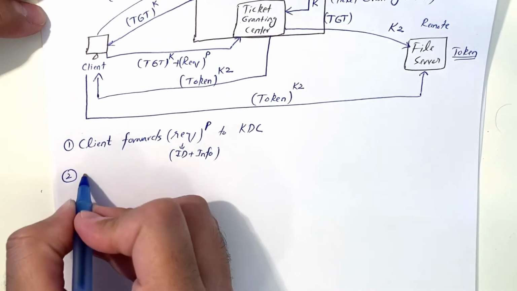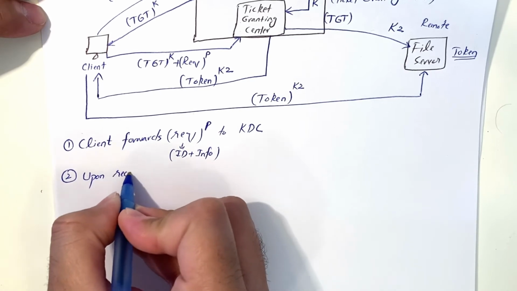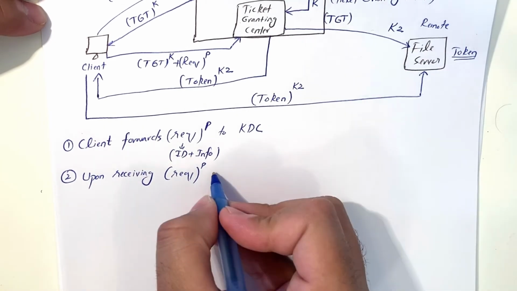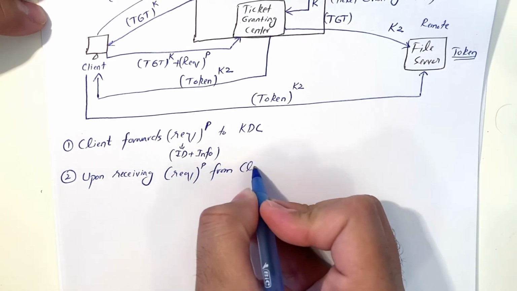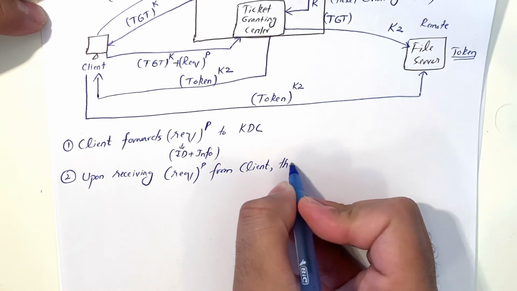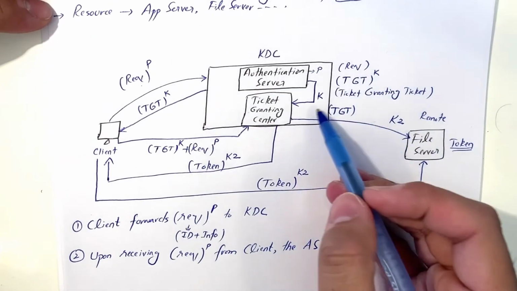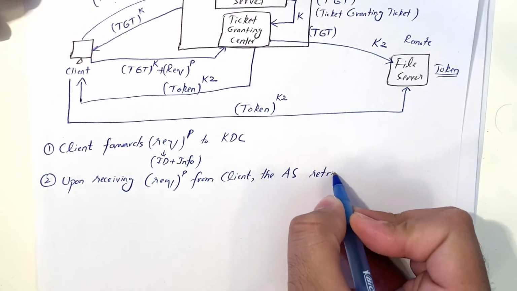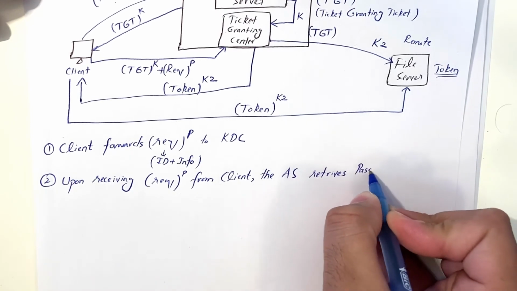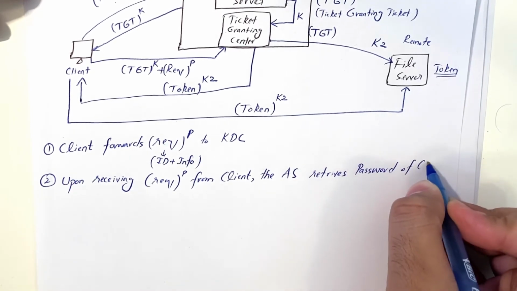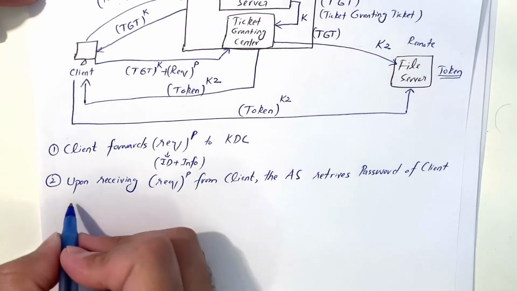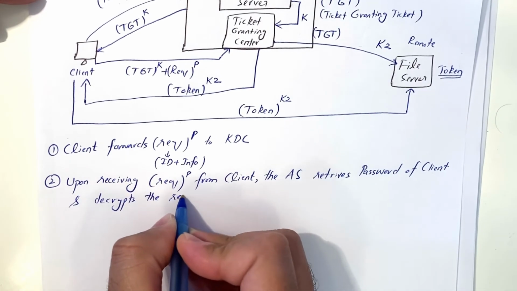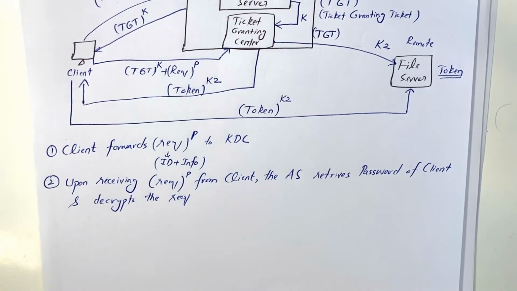Okay. Second thing, upon receiving the request which is encrypted with a password from the client, the authentication server, AS, is the authentication server inside the KDC, retrieves the password of the client from the database and decrypts the request to see the user ID plus the request and see whether the user can access that or not.